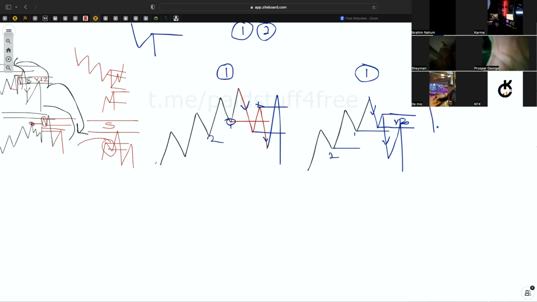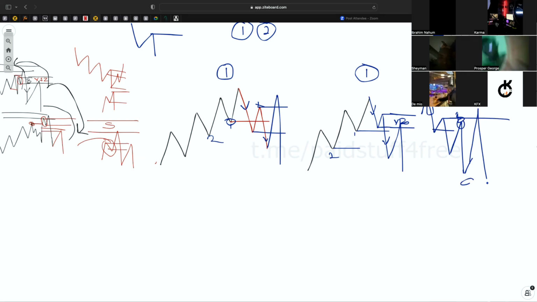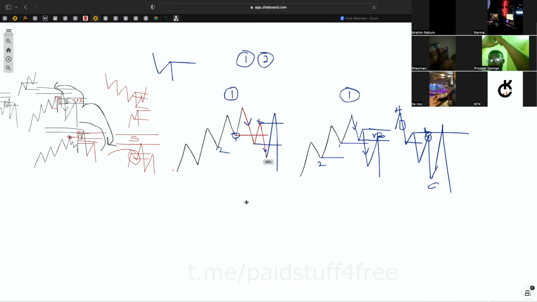So this is A, B, and C. Which means what? I will now look at what is going on here, then use this B leg after selling from this first base to target external liquidity, then sell off. Does that make sense, guys? Yeah, makes sense. Yes. Okay.